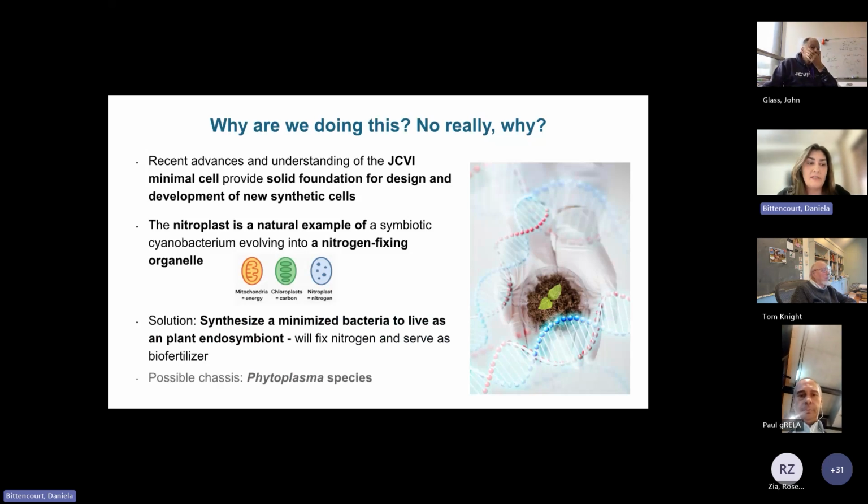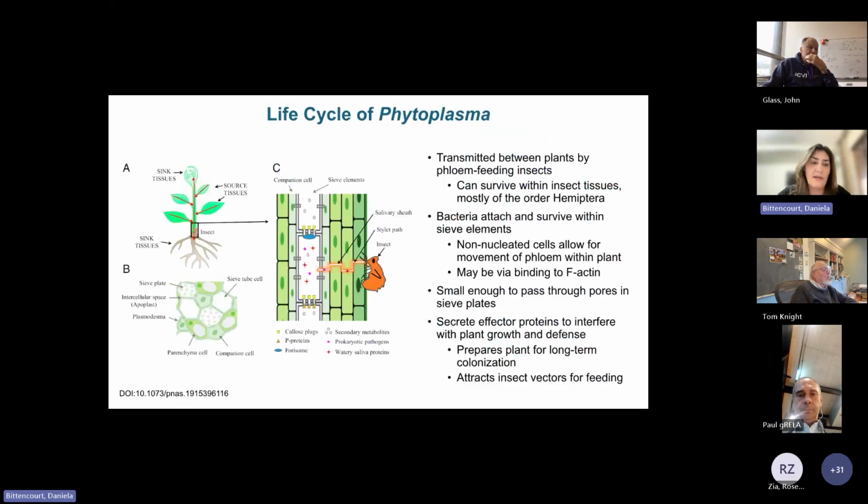And one possible chassis for this is the phytoplasma species. But why phytoplasmas? Well, phytoplasmas have a very particular lifestyle. They are transmitted between plants by phloem-feeding insects and can survive inside insect tissues.